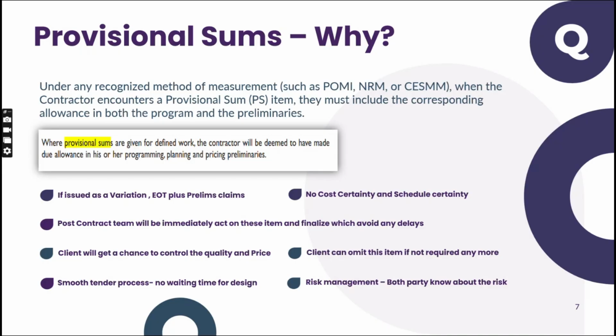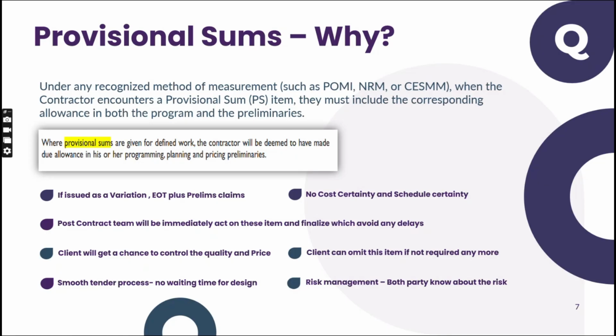The problem is, if you issue it as a variation, the contractor is going to claim prelims over and above. If there are significantly high changes in design, they will charge you prelims. They may also apply for an extension of time. To tackle these things, we introduce provisional sum items.